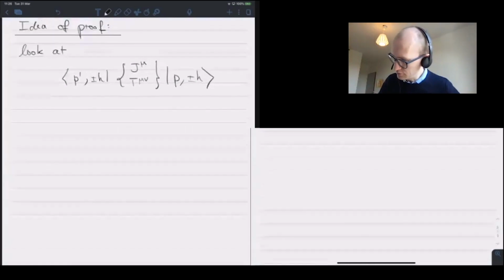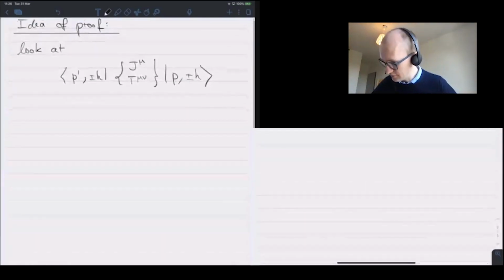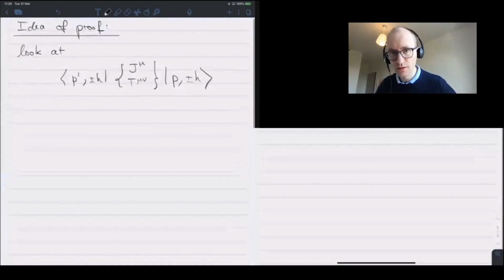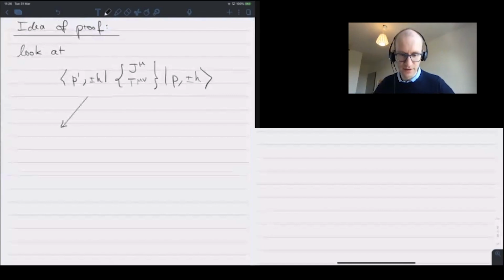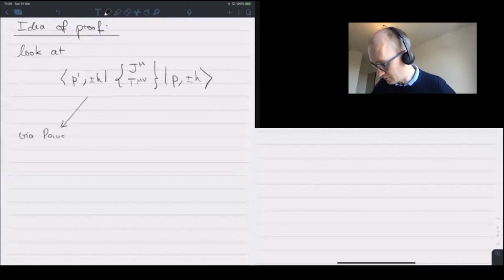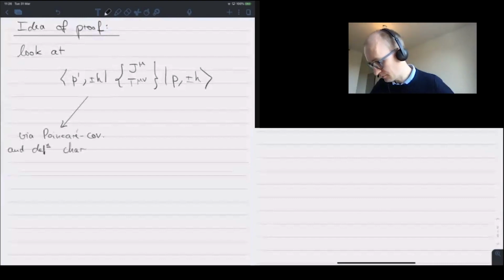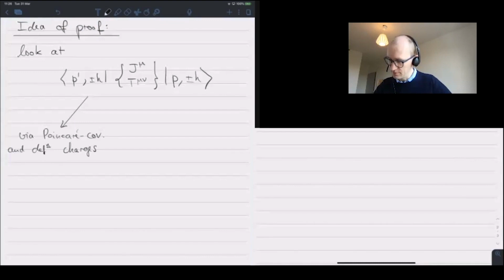We pursue the line of argument that via Poincaré covariance or Lorentz covariance and via what we define to be the charges, we will give a very general argument that those kind of matrix elements have to be generically non-zero.